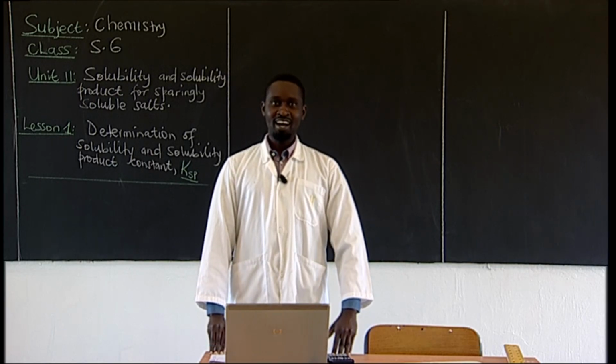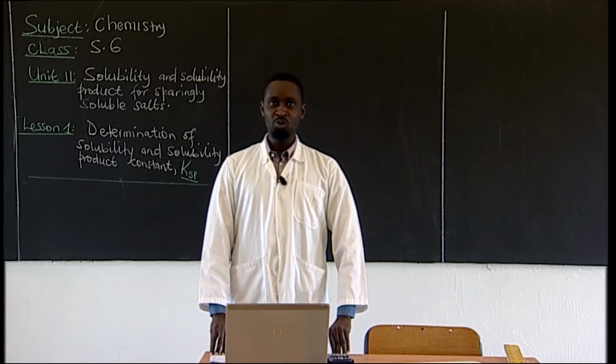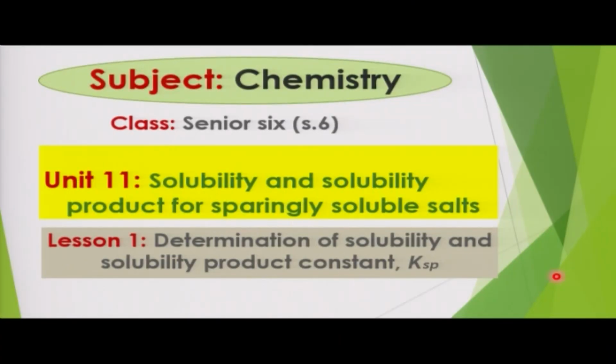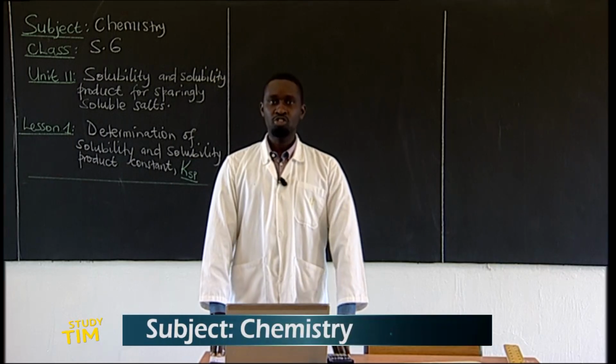So we are heading into a new unit, Unit 11, which is about solubility and the solubility product for sparingly soluble salts. Basically, this is an addition to Units 9 and 10, which are about solutions and determining their concentrations.